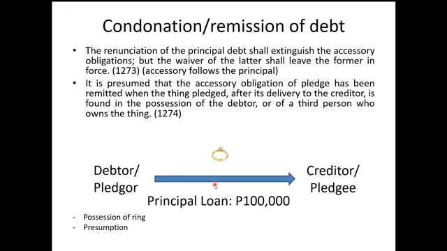Because any contrary stipulation is void. Kaya lumalabas, basta ito hawak na ng debtor pledgor, ang effect, extinguish yung pledge. Yan yung 1274. Sabi niya na, it is presumed that the accessory obligation of pledge has been remitted when the thing pledged after its delivery to the creditor is found in the possession of the debtor or third person who owns the thing. Kaya once na yung object ng pledge nakabalik na yan sa pledgor or owner ng thing, pledge is extinguished.